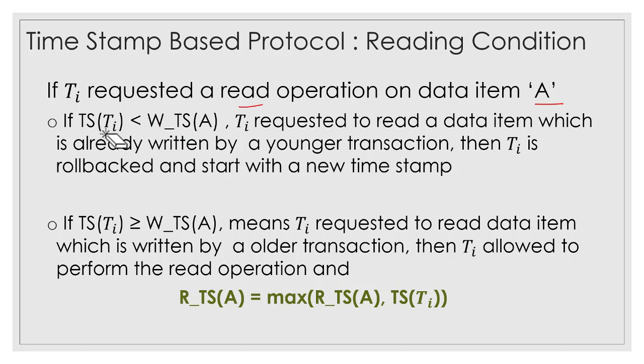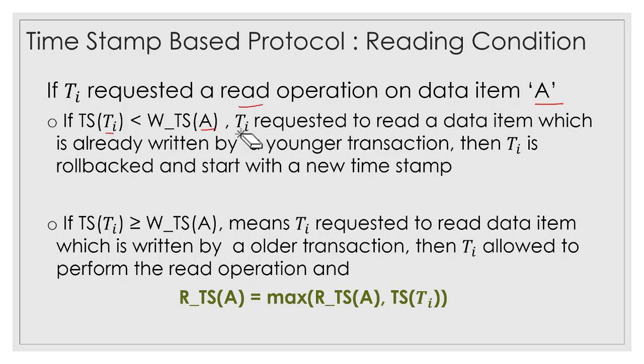Here we are seeing that the timestamp of transaction Ti is less than the write timestamp of the data item A. What does this actually mean? It means that the transaction Ti is the older transaction, and the data item A is already written by a younger transaction.